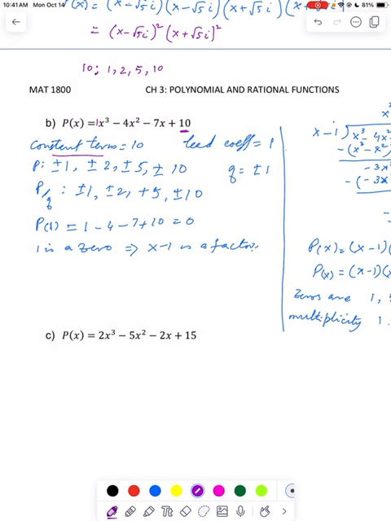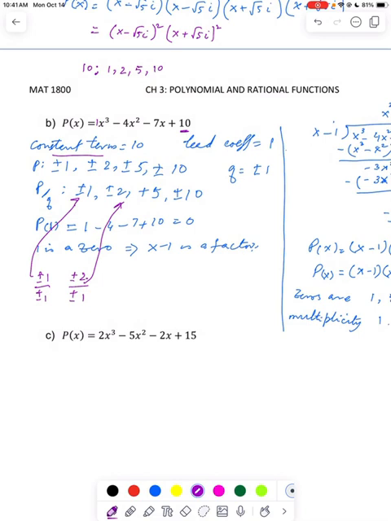Now to find the possible values of P over Q, remember we divide each possible value of P by each possible value of Q. So we get plus minus 1 over plus minus 1, which gives us back plus minus 1, which is what I have here. Then the next value of P is plus minus 2, we divide it by plus minus 1, so we get plus minus 2, and so on.